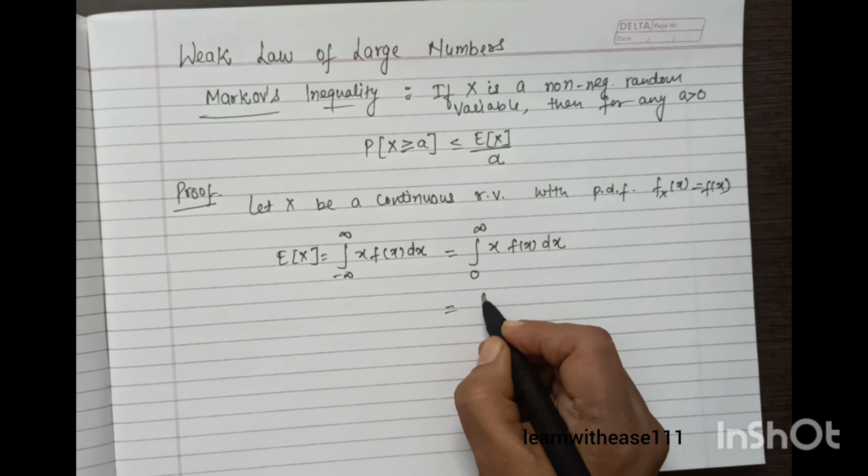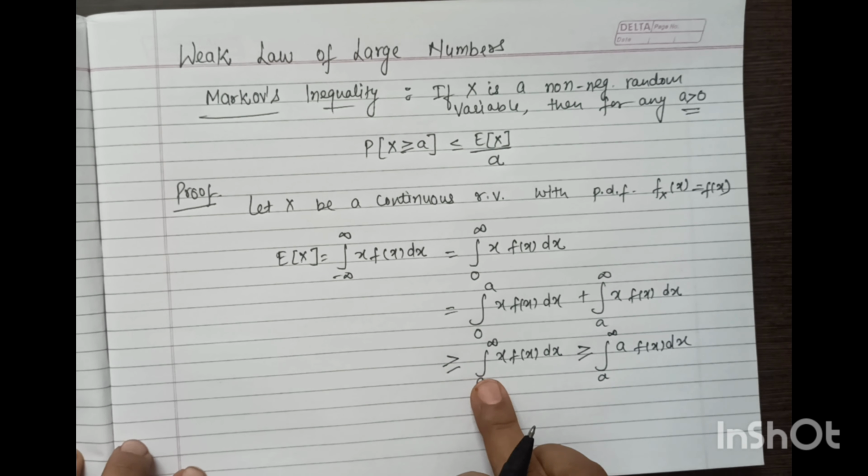And this can be written as greater than or equal to the integral from a to infinity of x f(x). And this is greater than or equal to, if x is replaceable by a. Is it clear?